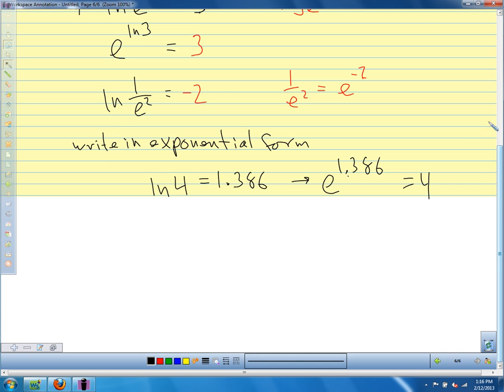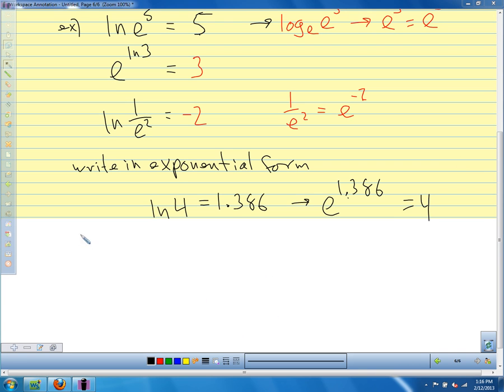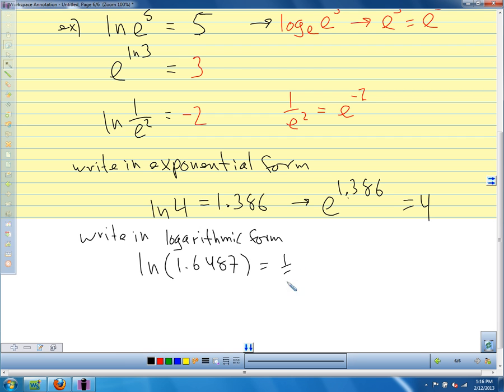This last example, I want to write in logarithmic form. So I have the natural log of 1.6487 equals 1/2. Actually, I'm sorry, I wrote it backwards. I want to write this in exponential form.